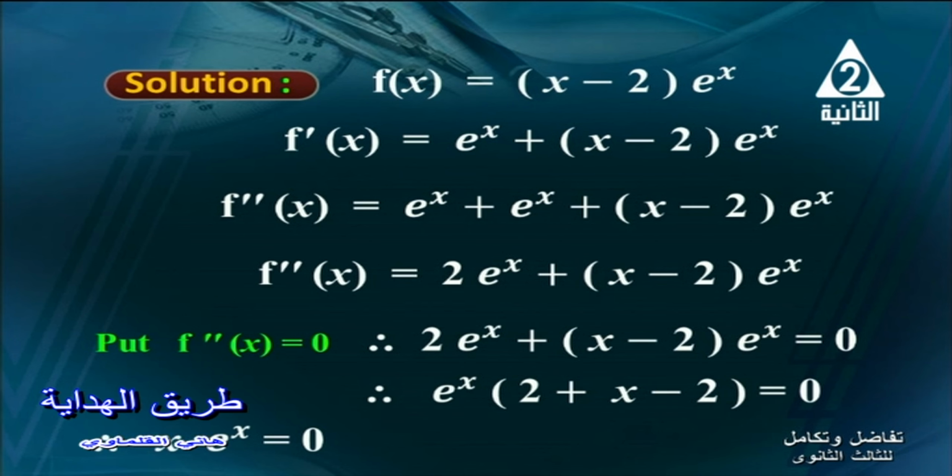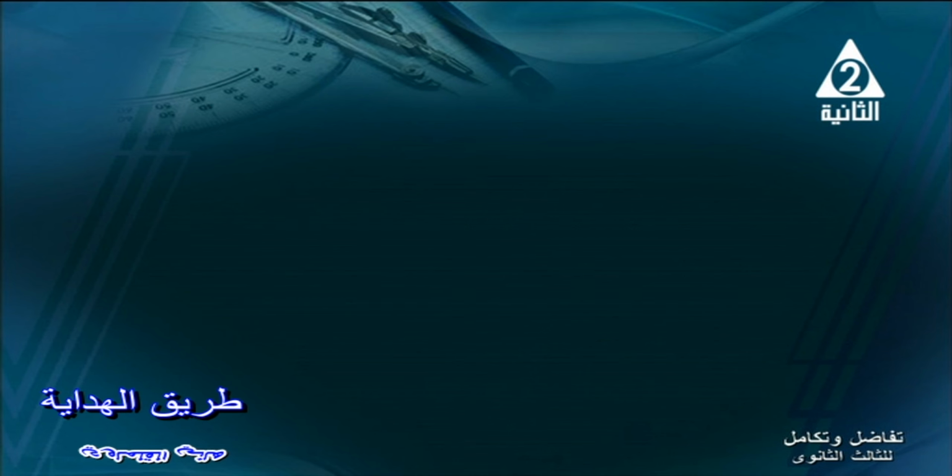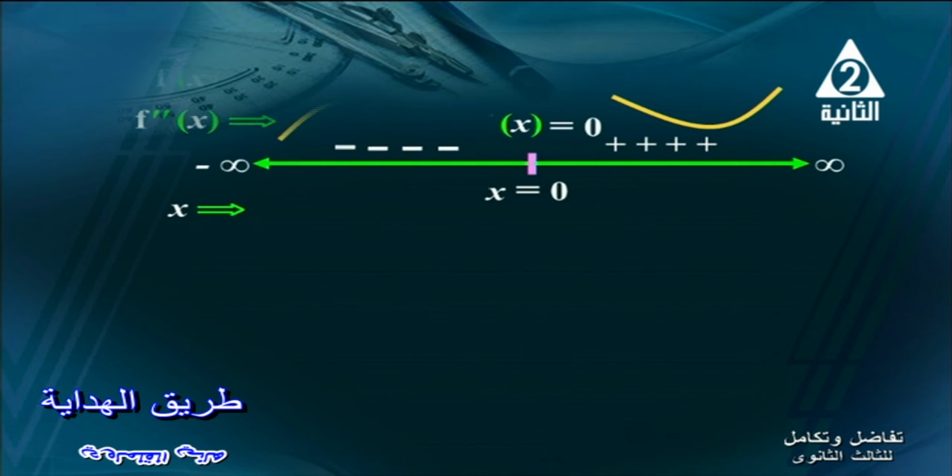Then x multiplied by e power x equals 0. Then the value of x equals 0, and we know that e power x doesn't equal 0, because the exponential function e power x is drawn above the x-axis, so e to the power x is not equal to 0.